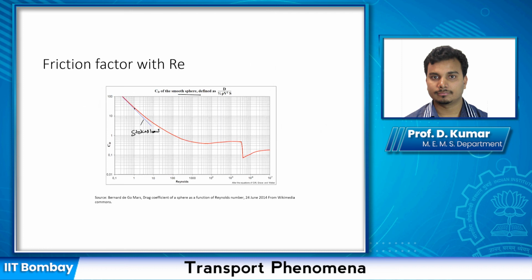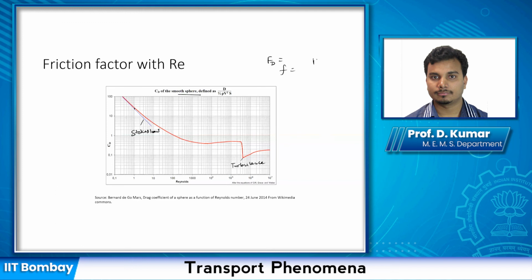Very close to this is where you have transition to turbulence, and at that point the drag coefficient suddenly becomes very small, because your wake region becomes small. So typically this is the equation that you can use to calculate your drag.